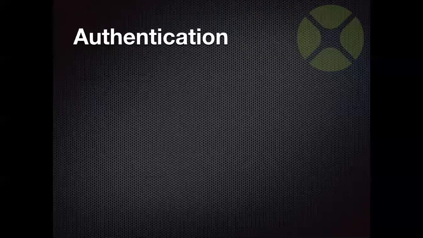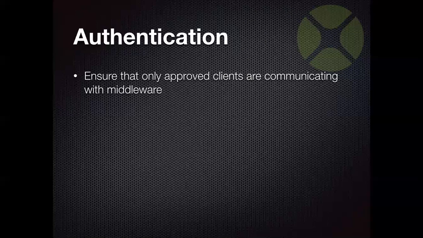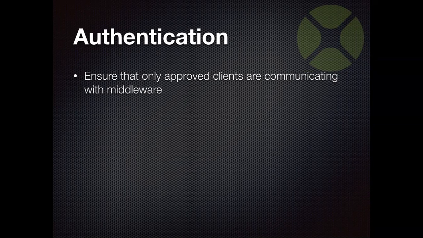Now, the other thing to consider when you're building this sort of thing is authentication. You're probably going to want to ensure that only approved clients are communicating with the middleware. In the case of our little quote app here, it doesn't really matter. It's just sending back quotes. There's no personal information there. There's nothing that's private. They're just fun little quotes.